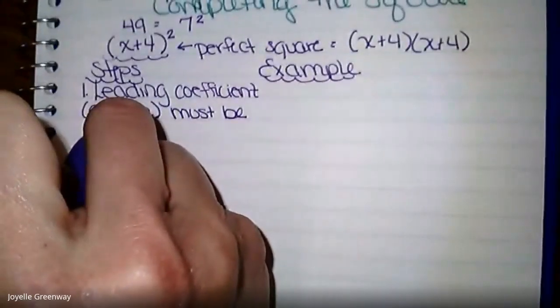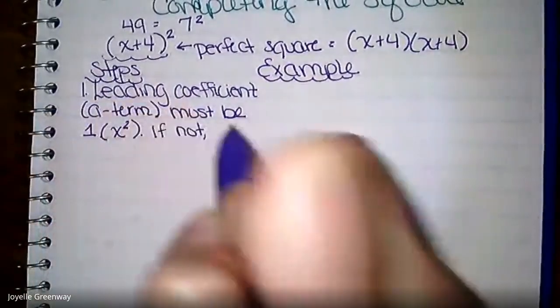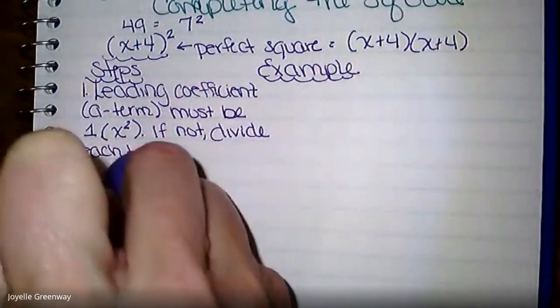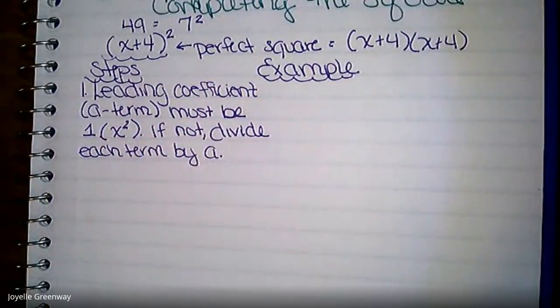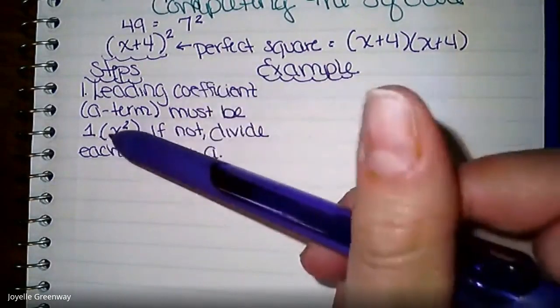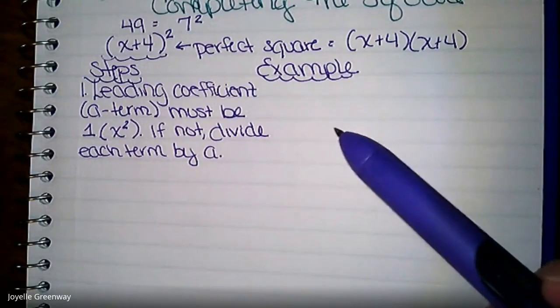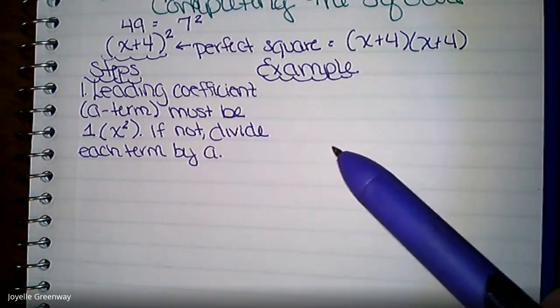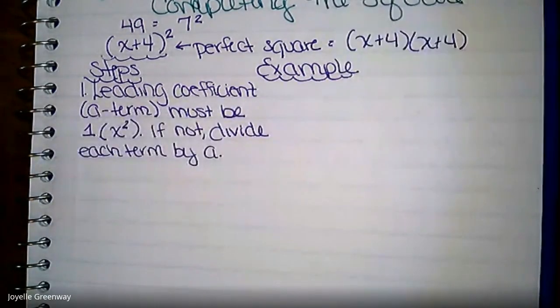That would look like just x squared by itself. If not, you need to divide each term by A. So if it's not x squared, say it's 3x squared, then you would have to divide every term by 3, because you want it to look like just x squared.